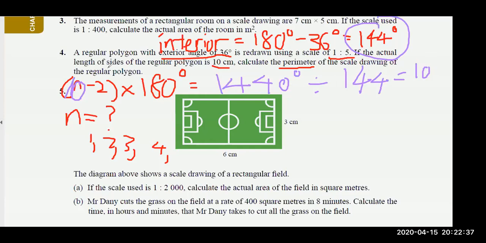So they give you the actual length is 10 cm, right? Actual size 10 cm. So you need to find the perimeter, right?